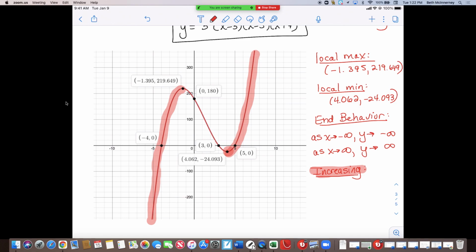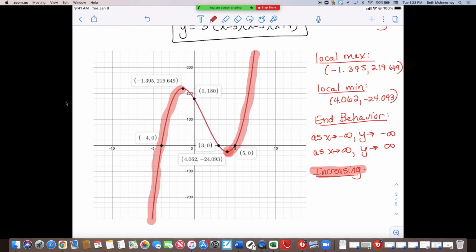And the way that we describe increasing is by the x values. So do you see it's at negative 1.395 to the left forever, if I'm talking about on my x-axis.